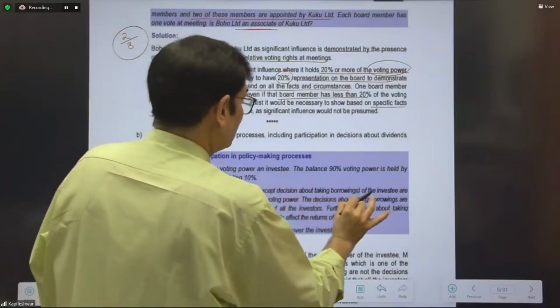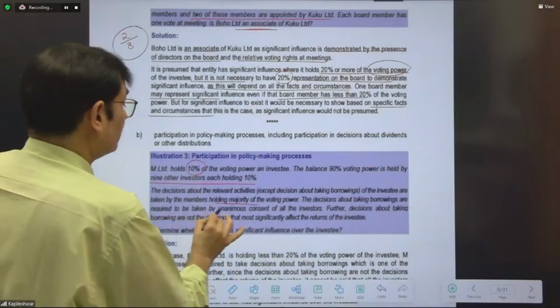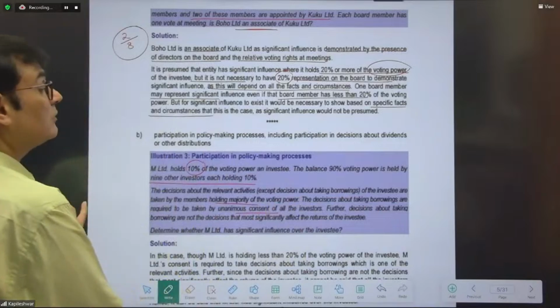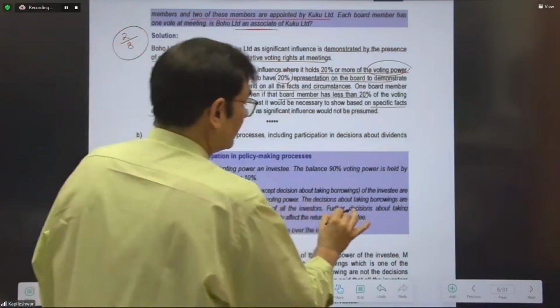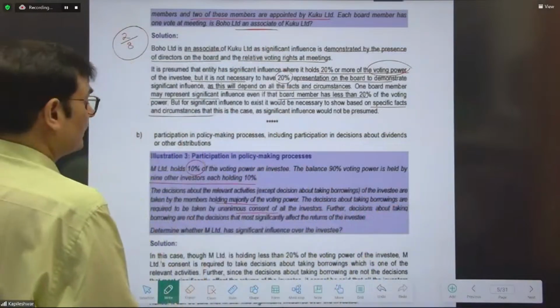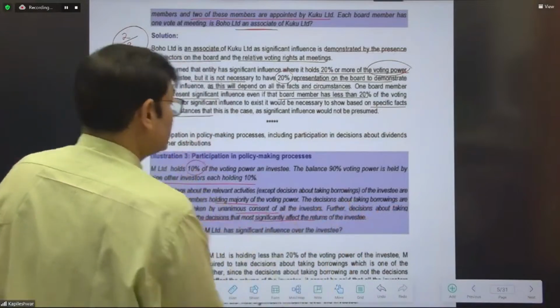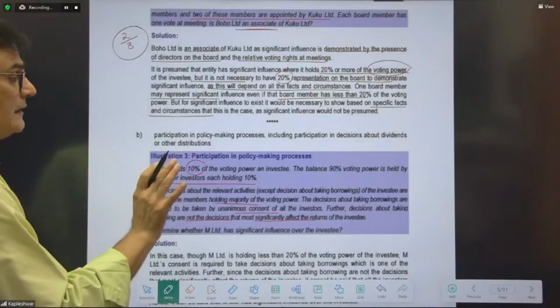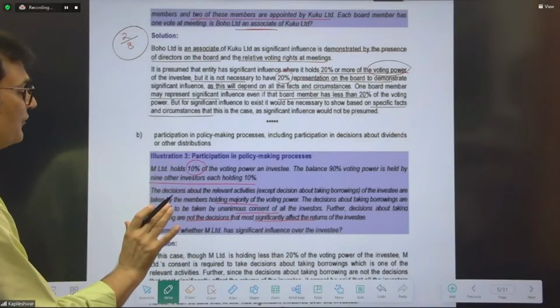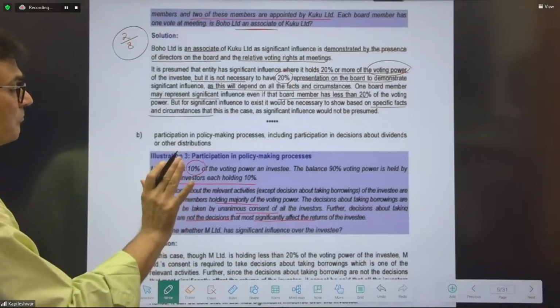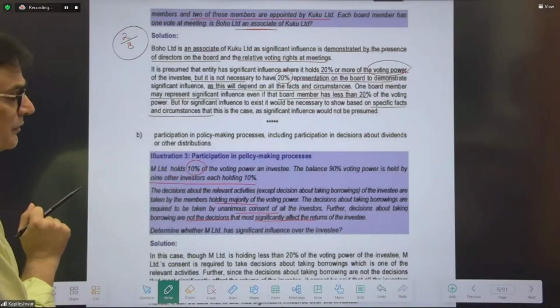The decisions about taking borrowings are required to be taken by the unanimous consent of all the investors. And further, decisions about taking borrowings are not the decisions that most significantly affect the returns.